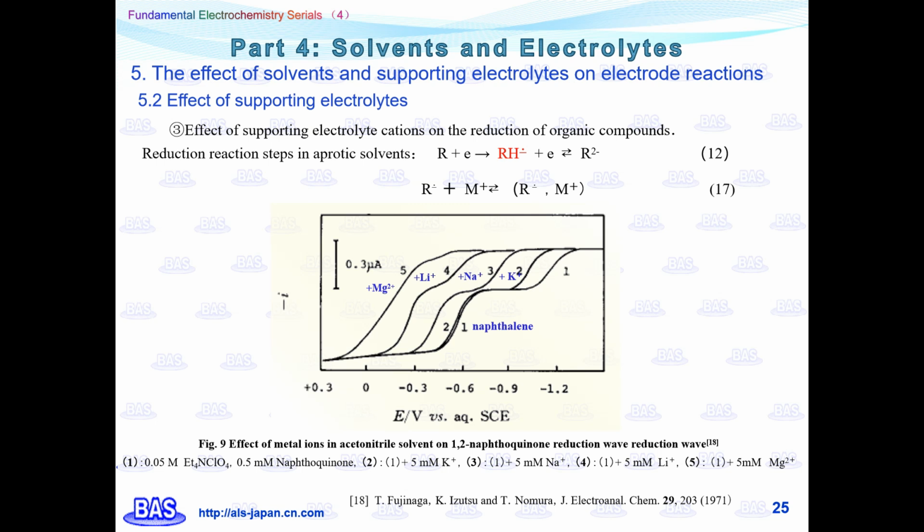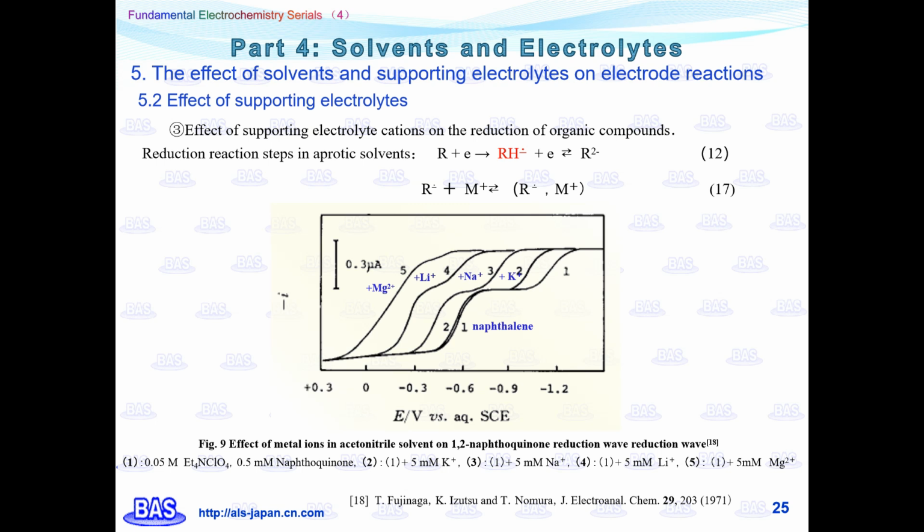We know that the formation of such ion pairs promotes the disproportionation and the polymerization reaction of anion radicals. Therefore, sodium and lithium ion salts are not suitable as supporting electrolytes for measuring the reduction reaction of organic compounds.